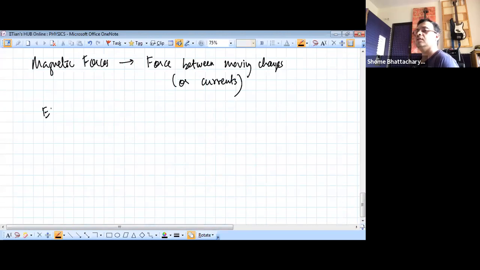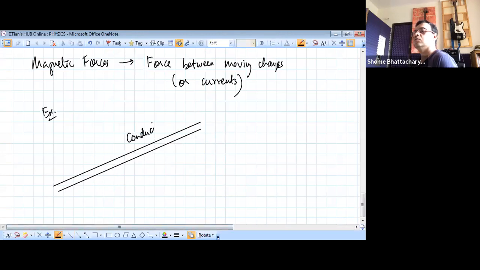So it turns out, for example, that if we have a current carrying wire, a conducting wire, which is carrying electric current in this sort of direction, then at all these points, it will create a magnetic field. For example, at a point below over here, it will create a magnetic field which is going into the plane.